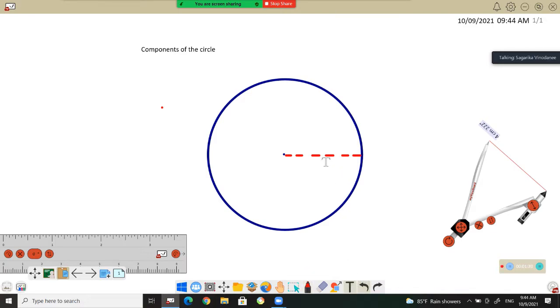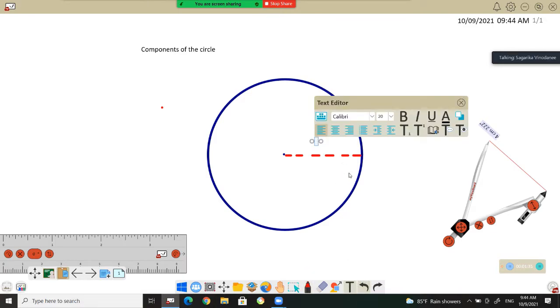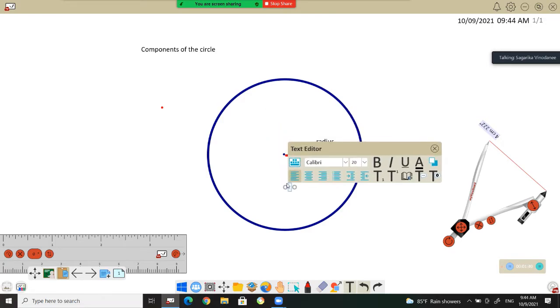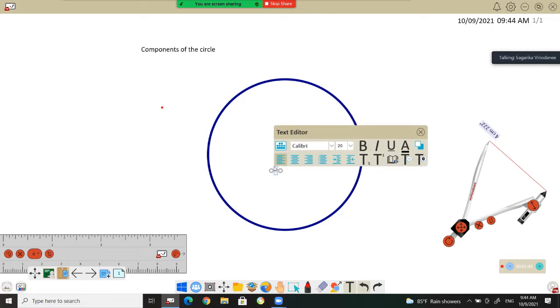That line is defined as radius. Radius. Okay? And the point we kept earlier, we call center.